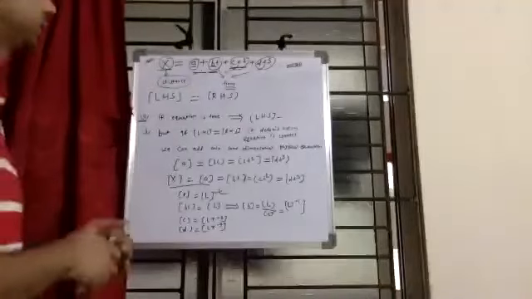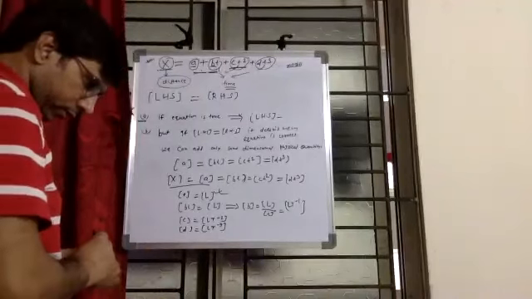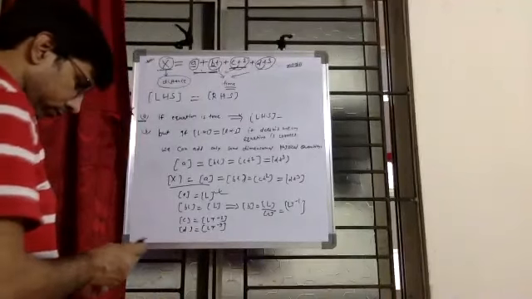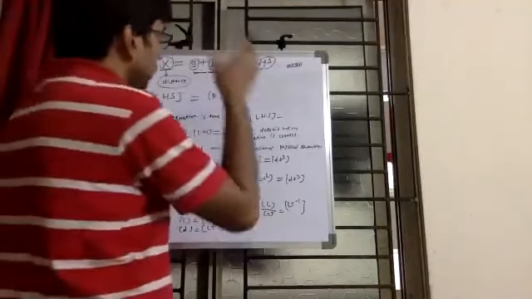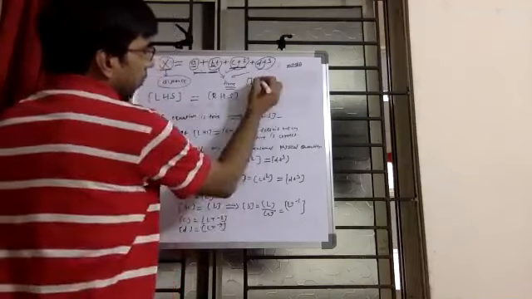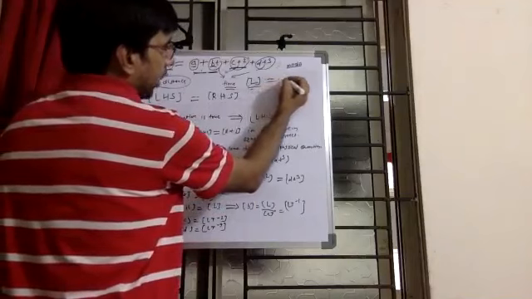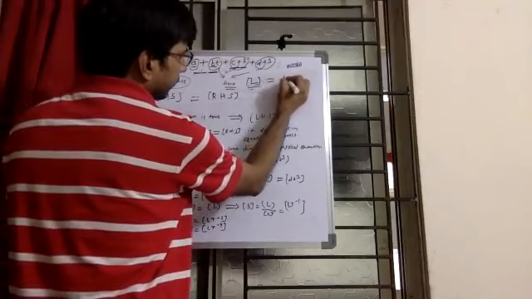Okay, I'll explain it in some other way. We have a physical quantity with left hand dimension L. I am writing it something like that.